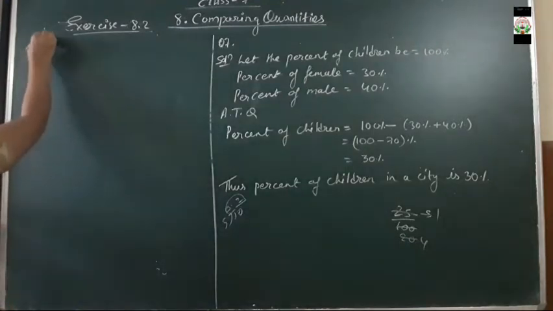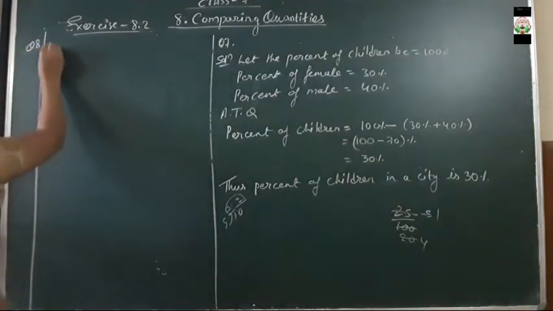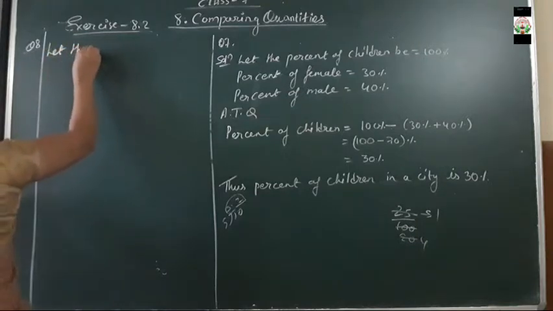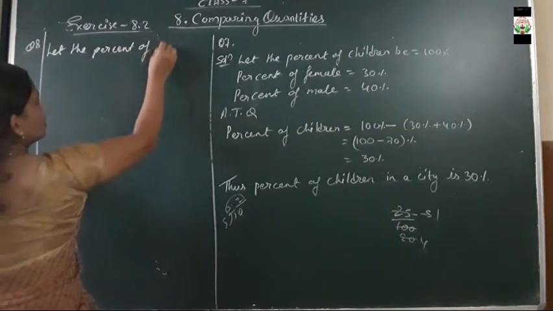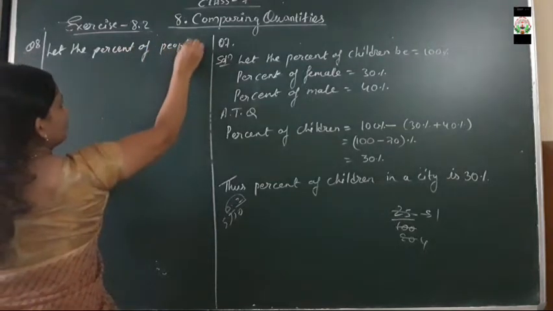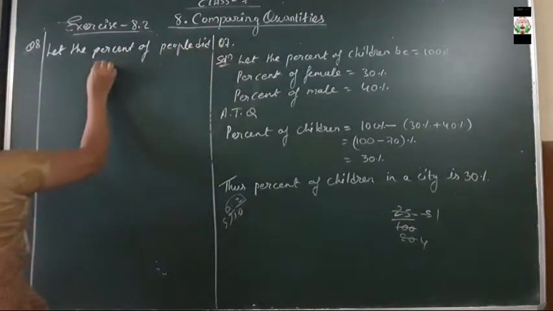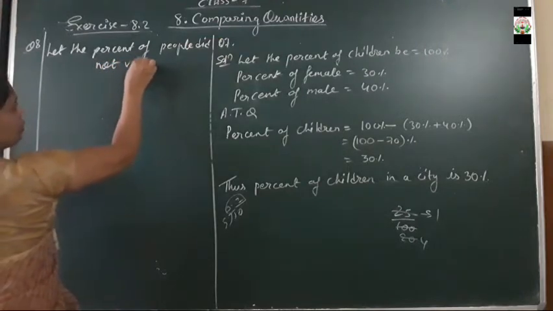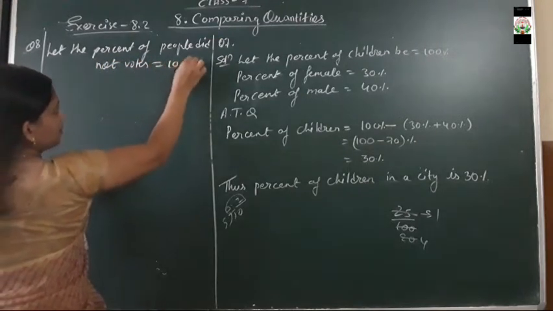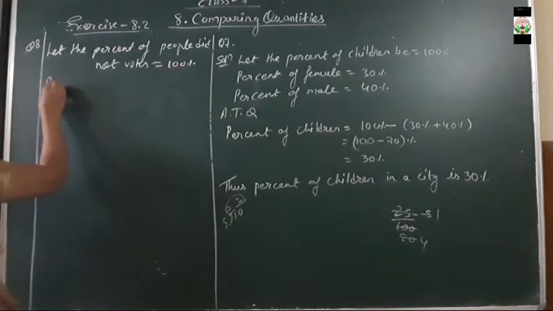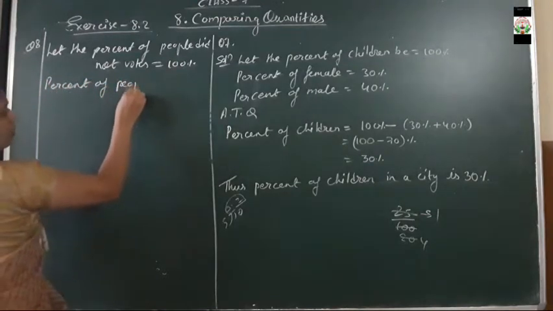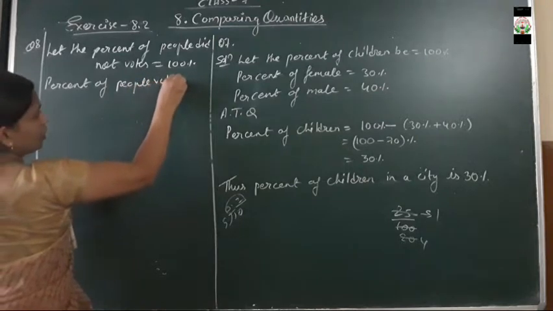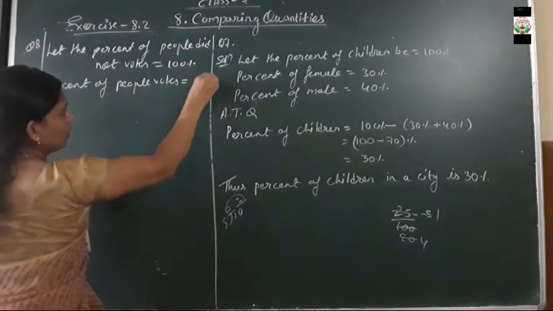So question number 8, solution. Let the percent of people who did not vote be equal to 100%. Okay. Then percent of people who voted, कितने लोग वोट दिए? 60% वोट दिए हैं ना.